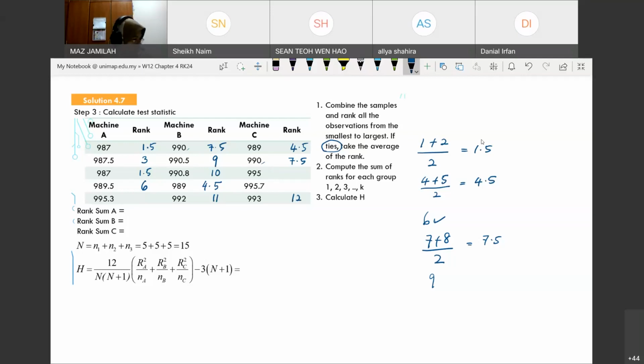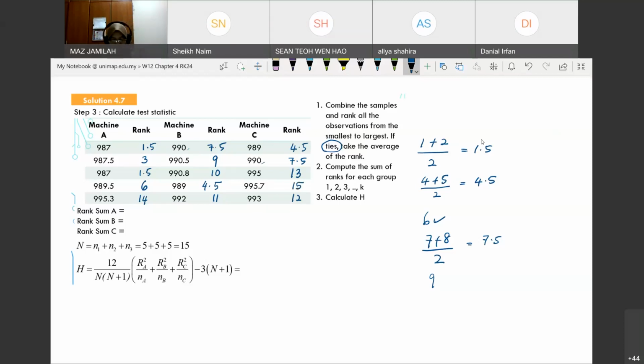Then we have number 13, which will be 995, then 995.7. After 13 is 14, and then 15 here.